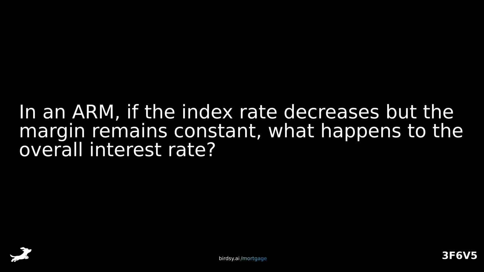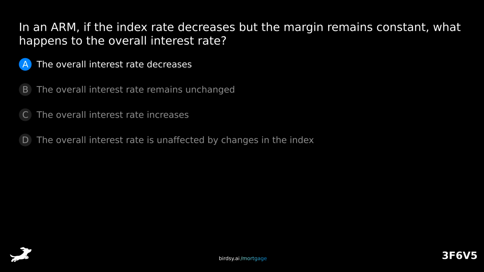In an ARM, if the index rate decreases but the margin remains constant, what happens to the overall interest rate? Is it A, the overall interest rate decreases? B, the overall interest rate remains unchanged? C, the overall interest rate increases?